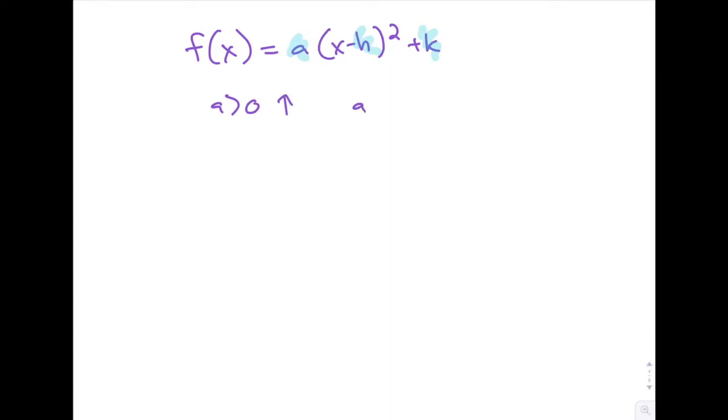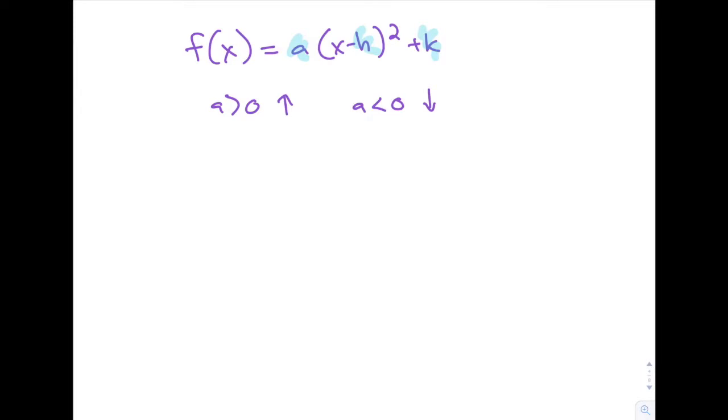So thinking about this standard form of the quadratic function, if we have f of x equals a times the quantity x minus h squared plus k, if we want to graph this and gather some information from the standard form of the function, all we have to do is take a look at a, h, and k. So a, we already said, if a is greater than 0, opens upwards, and if a is less than 0, the parabola opens down.